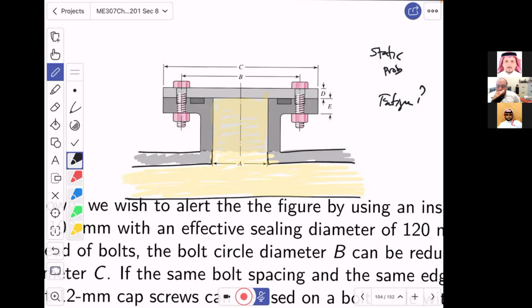Are you here, ya shabab, or am I talking to myself? Yes, we are here. Yes, doctor. So, what do you think? Is it static or fatigue? Let's make a vote. Who said it is static? Just raise your hand.